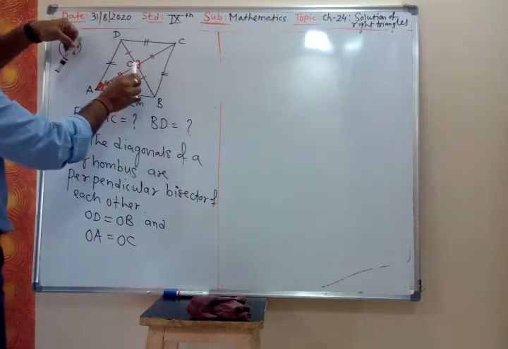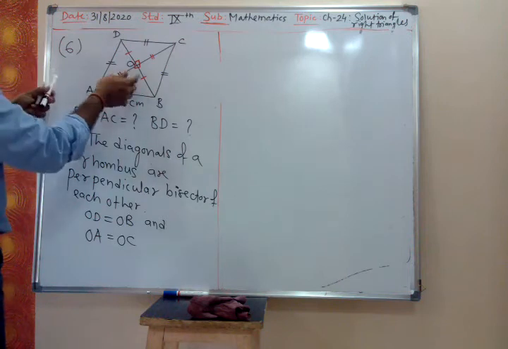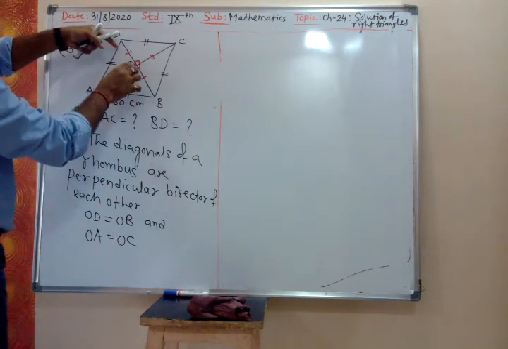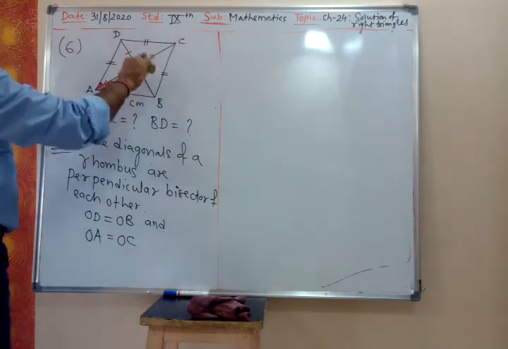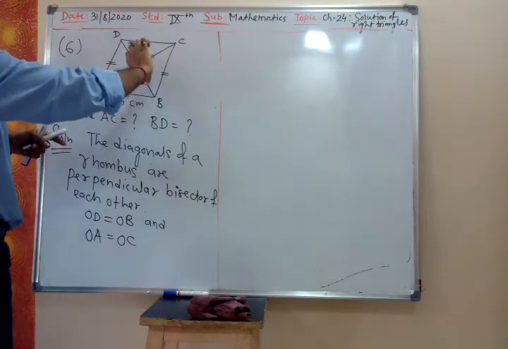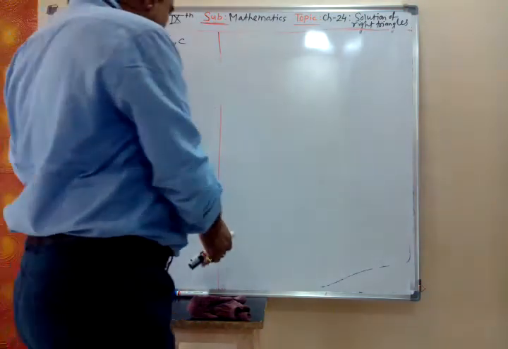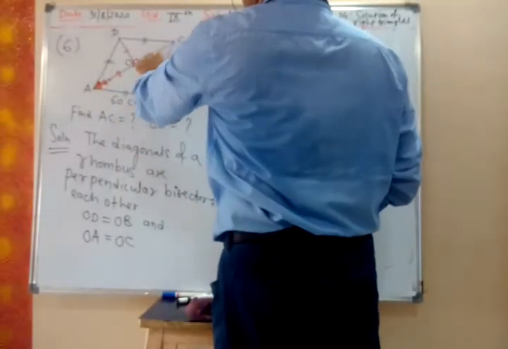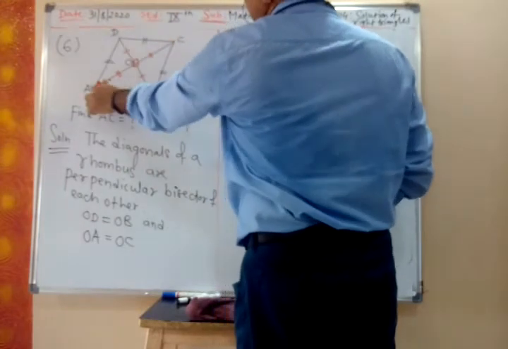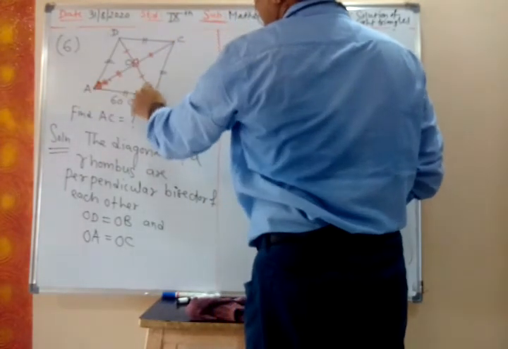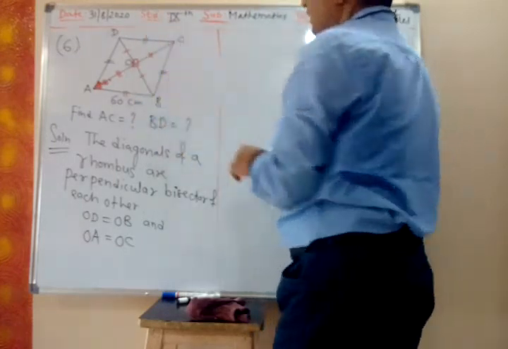They are perpendicular to each other and they bisect. This diagonal bisects this, so this side is the same as this side. All are right angles. COD, AOD, AOB, COB are all right angle triangles.